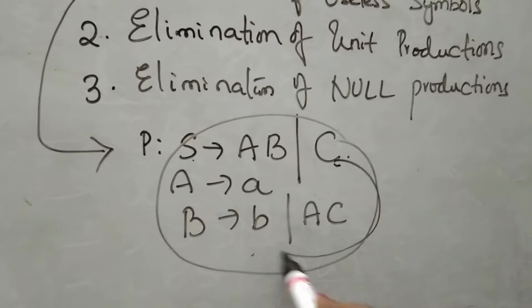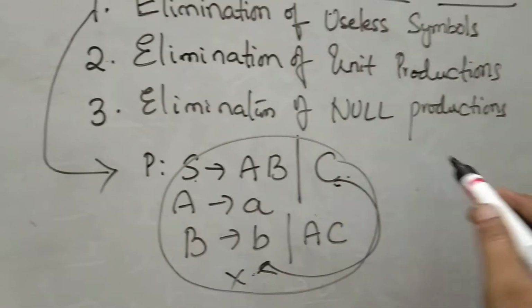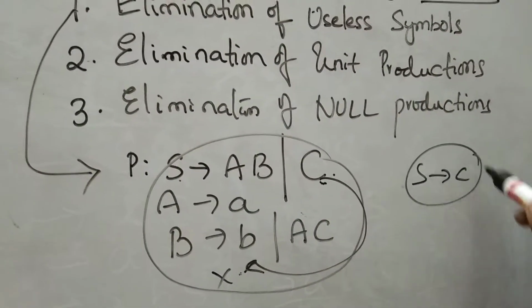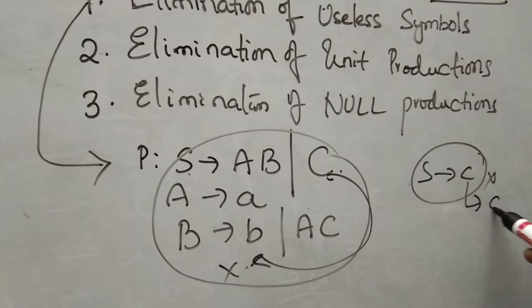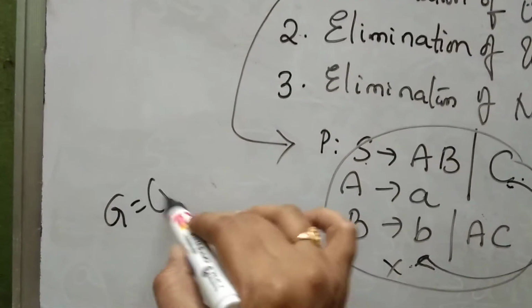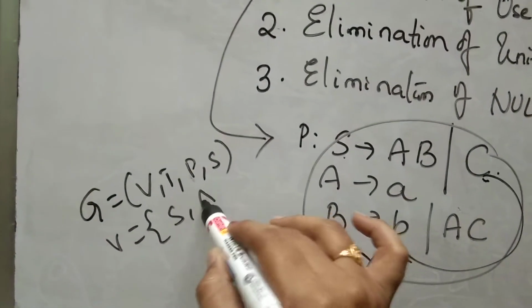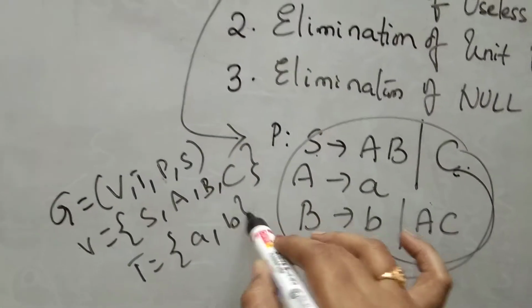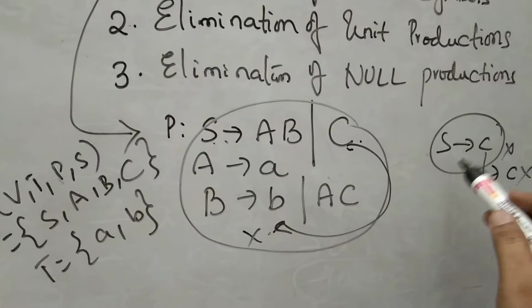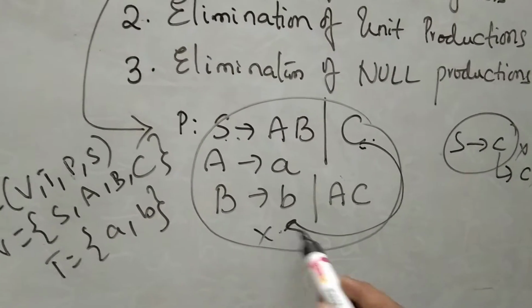This C doesn't have any production, you can observe it. So S tends to C is a useless production, and you can eliminate this variable from the variable set. This grammar is G equal to V, T, P, S, where variables are S, A, B, C and terminals are a, b. But the S tends to C production is useless, because C cannot have any production.